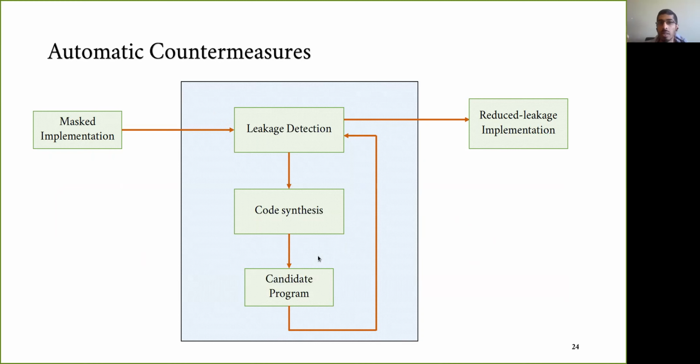Leakage detection can be done in any way, like emulation or something similar. And the code synthesis can be done in multiple ways. You can rewrite the code using anything that you have from some library of replacements, or you can synthesize things on the go, but the functionality of the code should remain the same. So we then arrive at a reduced leakage implementation, and that's when we are done.